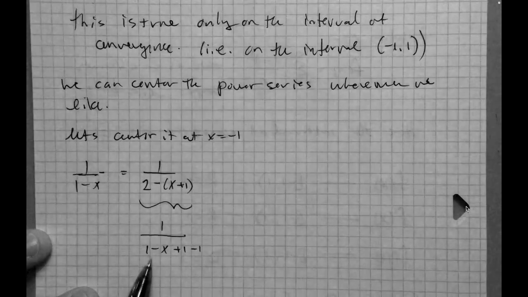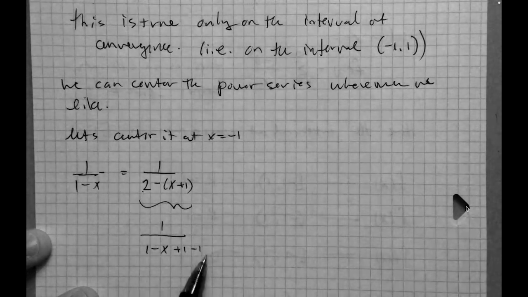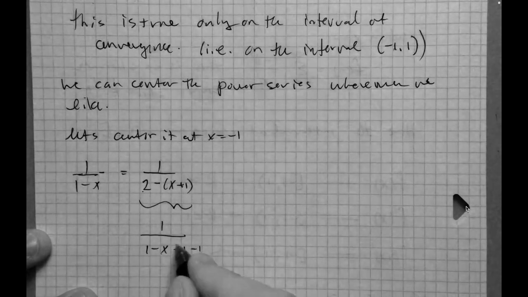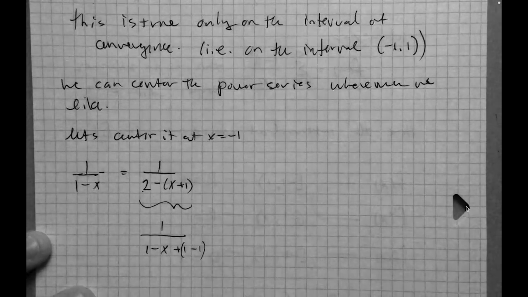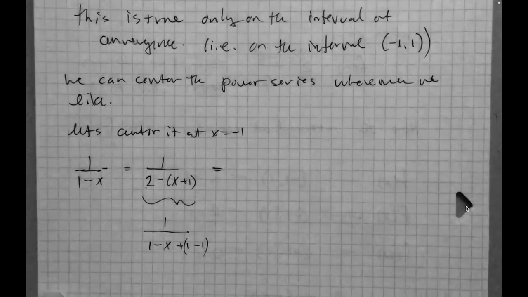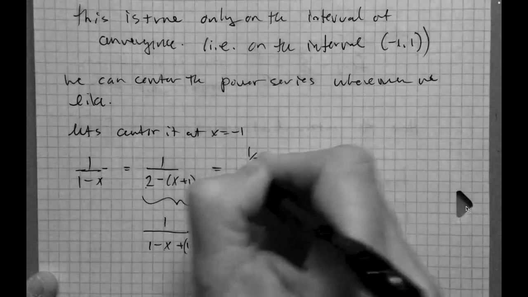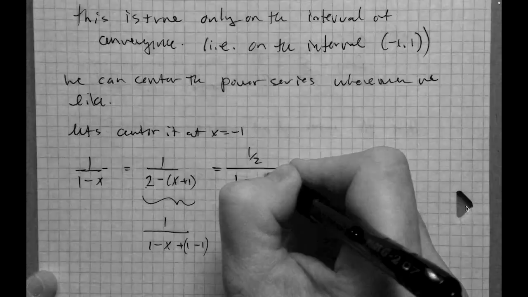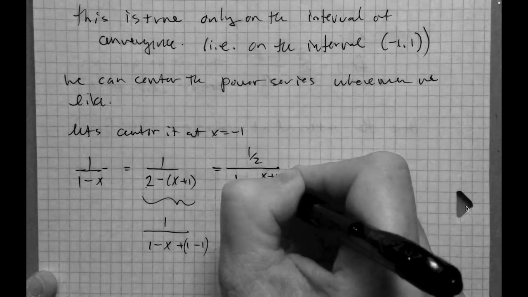The 1 plus 1 gives me the 2, and then I've got negative x minus 1, so I factor that out and I get x plus 1. I'm just adding 1 minus 1. We can divide everything down by 2, and we get 1/2 on the top, and then 1 minus x plus 1 over 2.